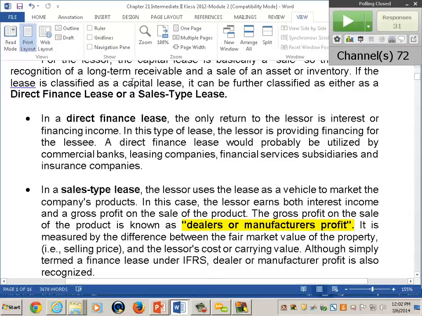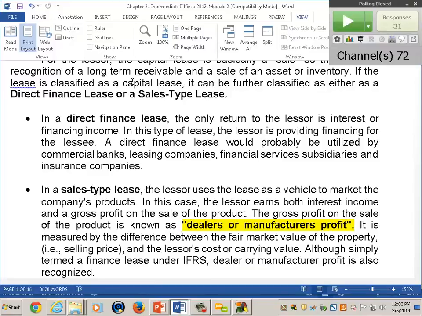So in the first case, in a direct finance lease, you're just simply providing financing for the lessee. And that's it. It's a source of financing.